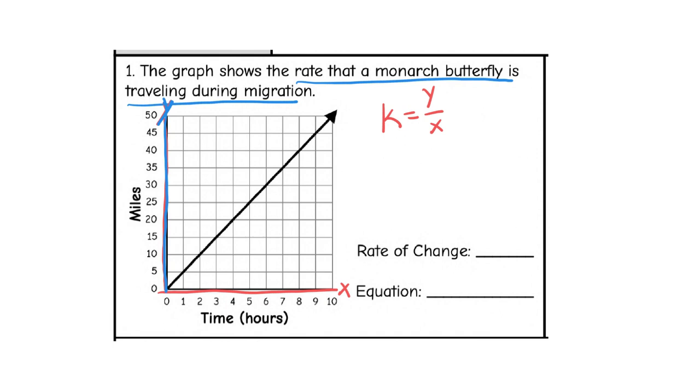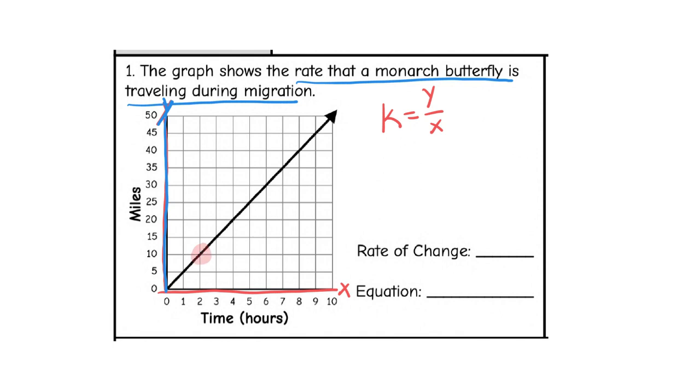Now, looking at the information, let's find a point. Here's the line. Any of the points on this line is true, but I need to figure out what the rate of change is. So I want to find a spot where the line crosses at a clear point. I'm going to pick this spot right here.